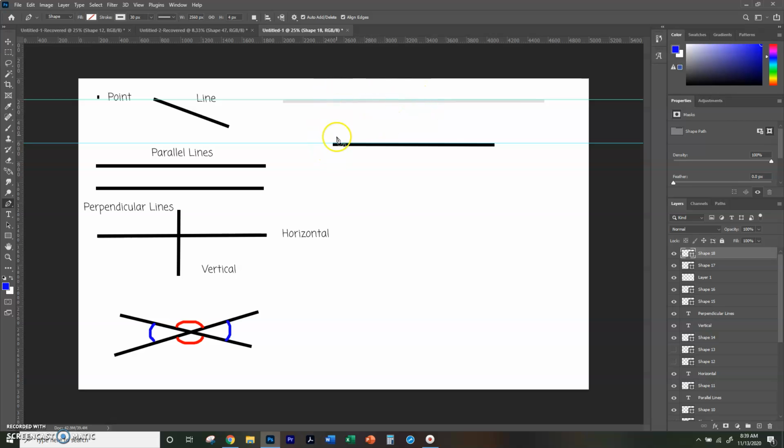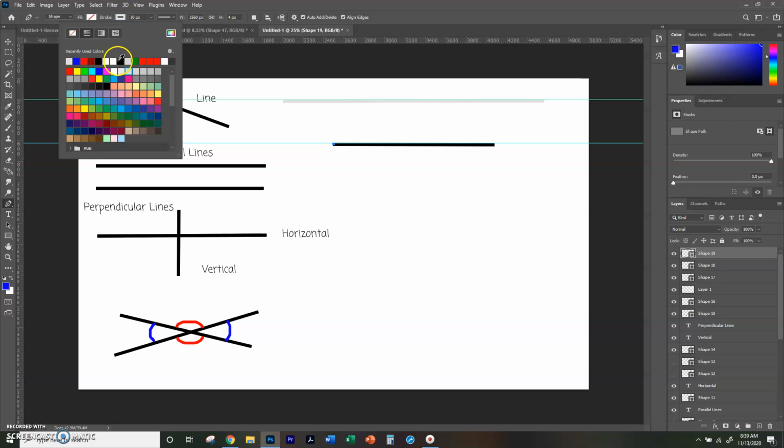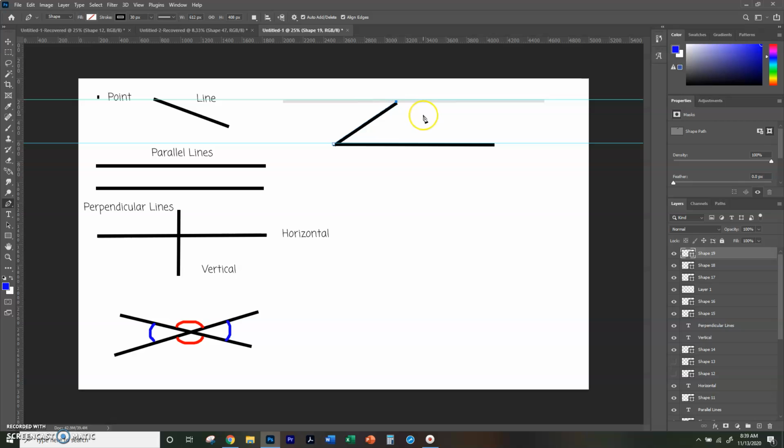Don't connect it perfectly vertical, connect it anywhere in at an angle to this guideline. So if I touch this point, I need to make mine black again, to anywhere in here, let me do it a little bit higher. Even more. There we go. I now have another line at an angle.